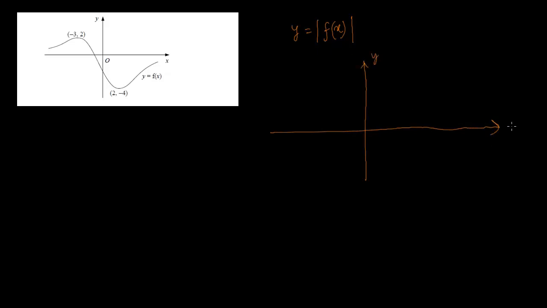So this sketch, always label the x-axis, y-axis and the origin. So this is going to be the same. So this is like this. Let me redraw this. So this is here. So up to here is the same. This is minus 3, 2. Now what happens, this portion is going to be reflected upwards.